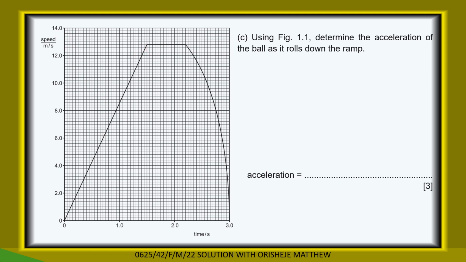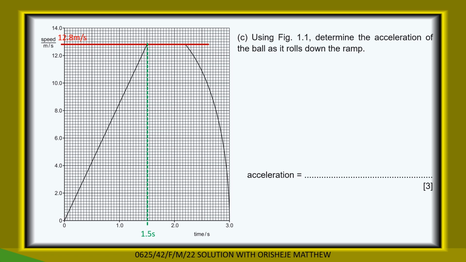And for you to find the acceleration, you need the time taken to reach that maximum speed. So how long does it take to roll down the slope? That is 1.5 seconds.